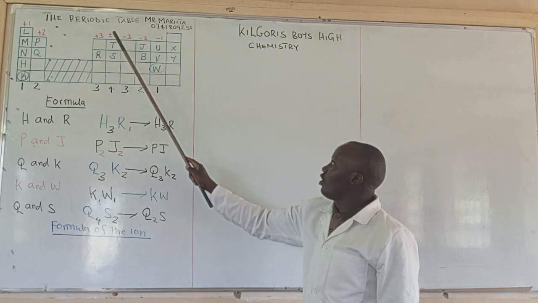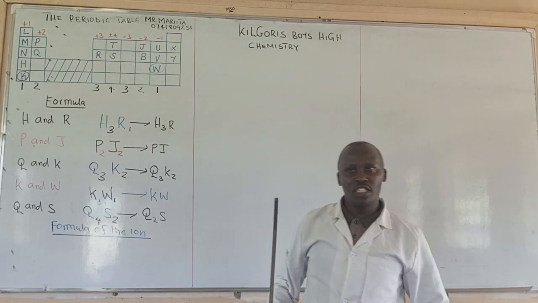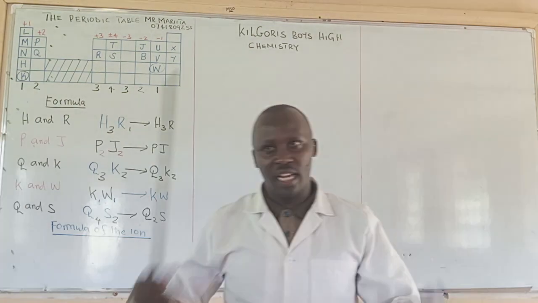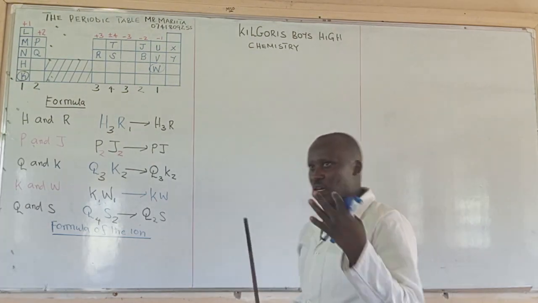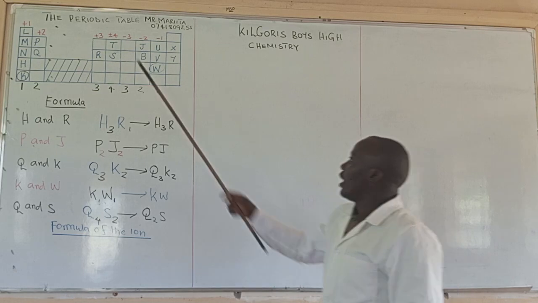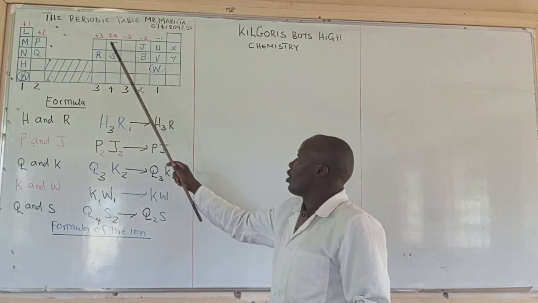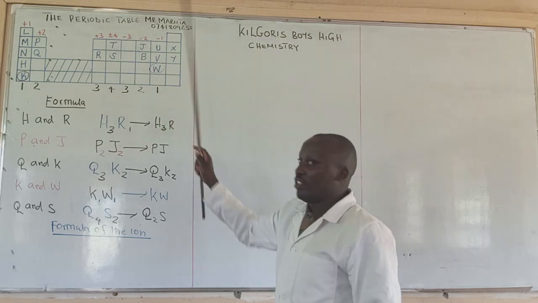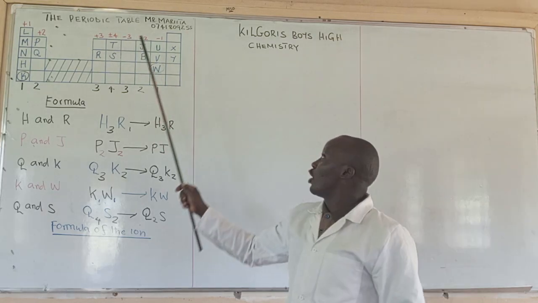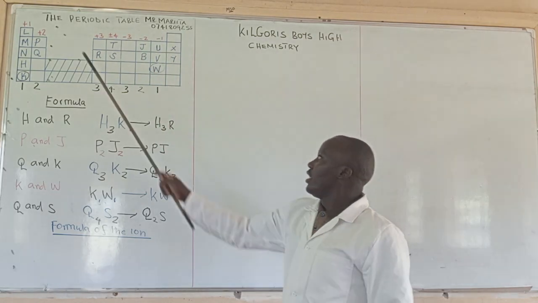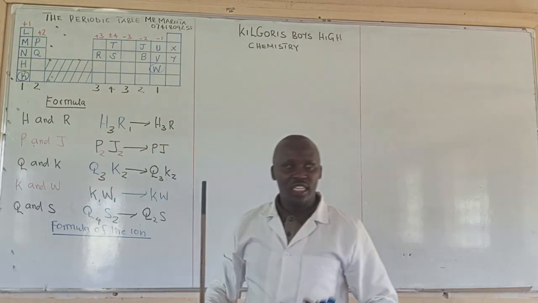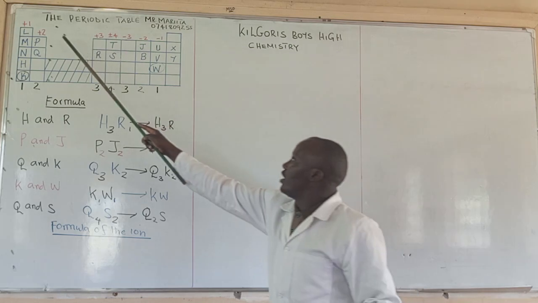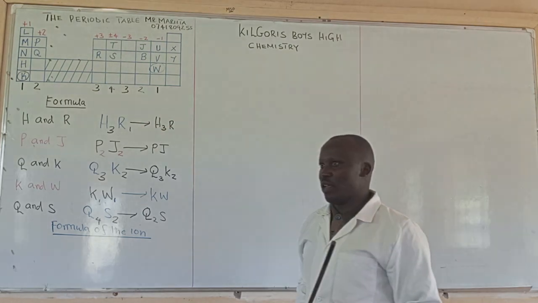We have negative or minus 4. Why? Because the group 4 elements can either gain an electron to be stable, or they can lose the 4 electrons to be stable. That is why we have a negative or a positive. Then we have negative 3, negative 2, and of course negative 1. These numbers can represent the valency of the element, and at the same time, we use these numbers to write the formula of the ion.